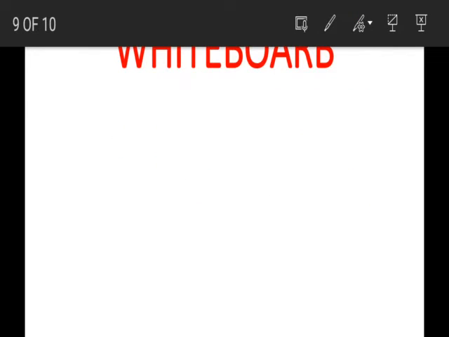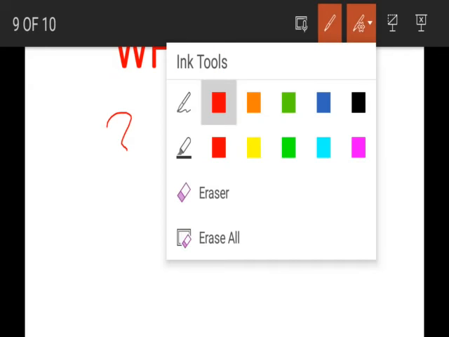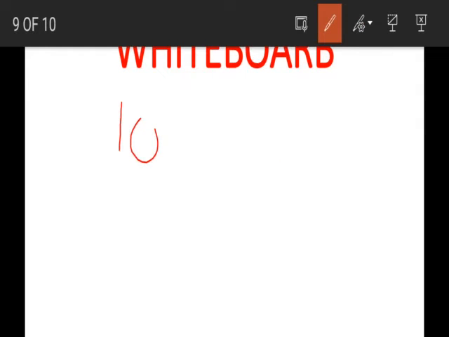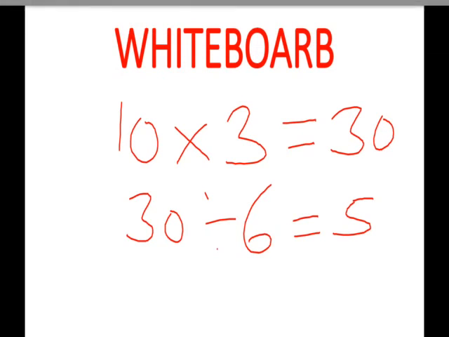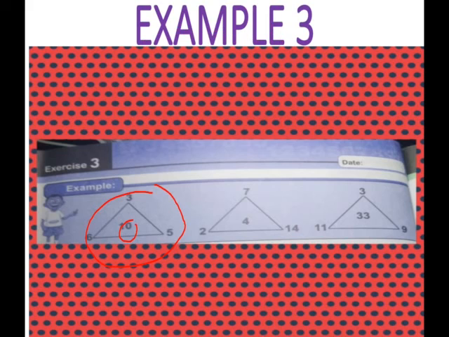To get your 5, what you simply do is 10 times 3 will give you 30. Then 30 divided by 6. What will it give you? It's 5. Wow, this is easy.